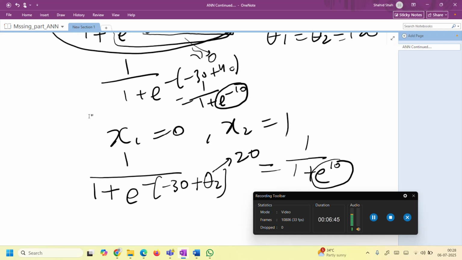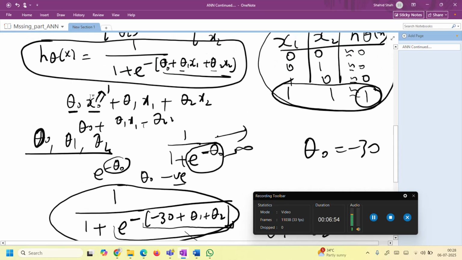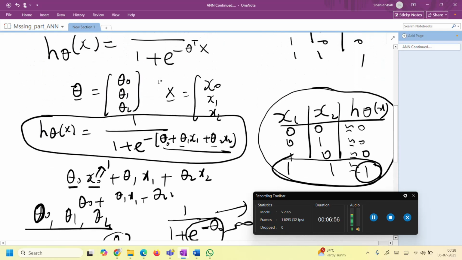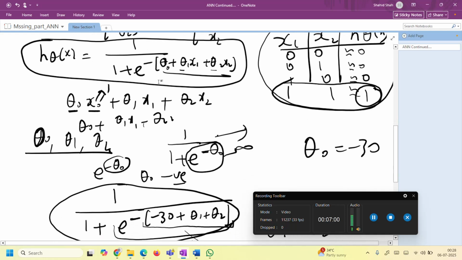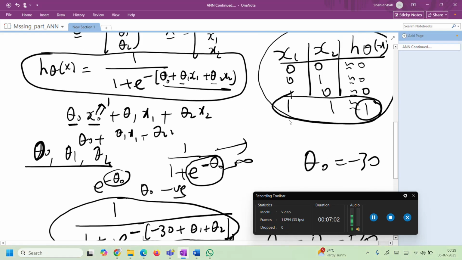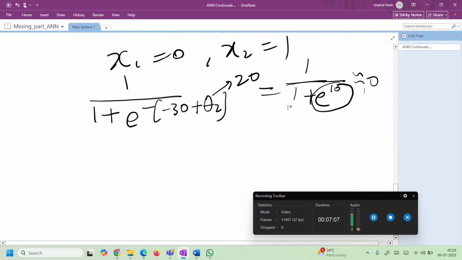Now e to the power 10 is a large quantity, and hence 1 divided by this whole thing will be nearly equal to 0. So this way you can see that if you choose a neural network like this with theta 0 being minus 30, theta 1 and theta 2 being 20 both, then this neural network behaves like an AND gate.